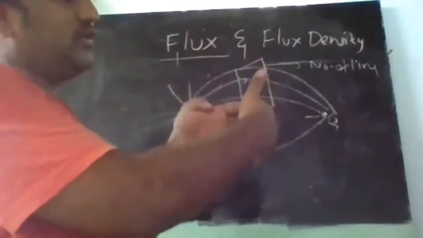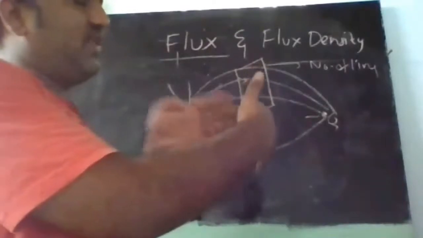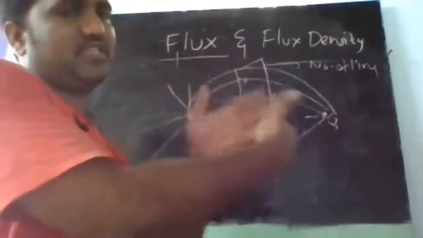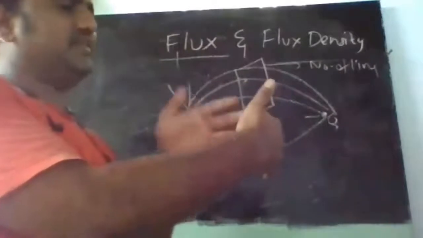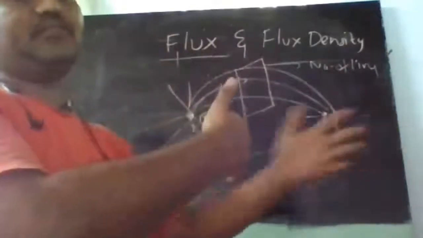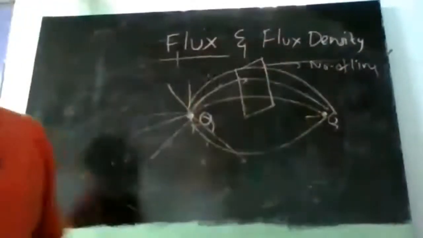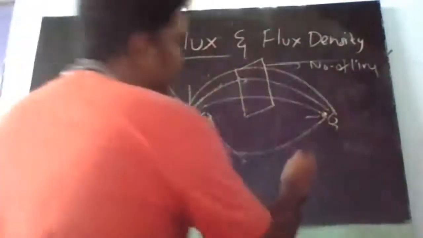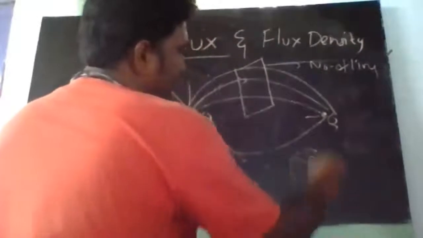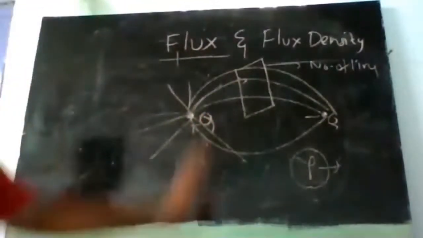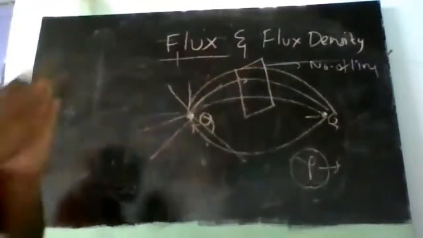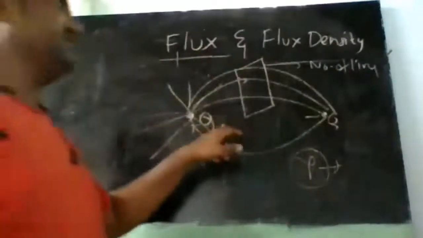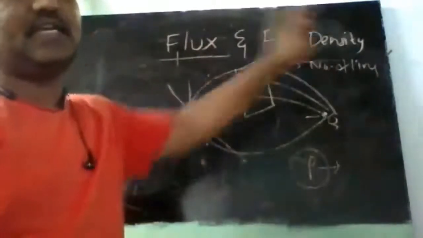I am going to calculate how many lines are passing through this surface in the normal direction. The number of flux lines passing through a particular area in the normal direction is what we call flux density.